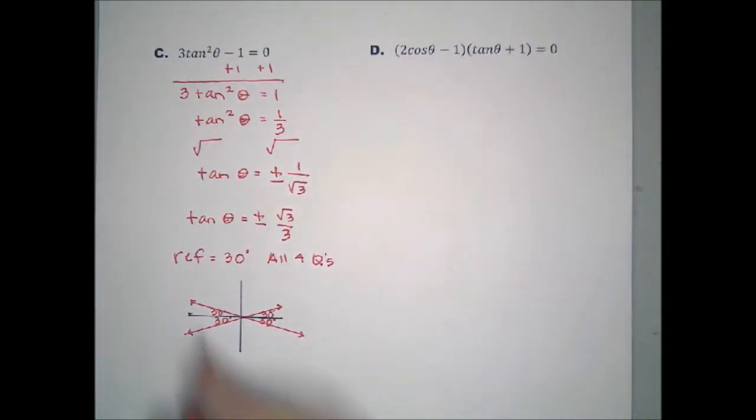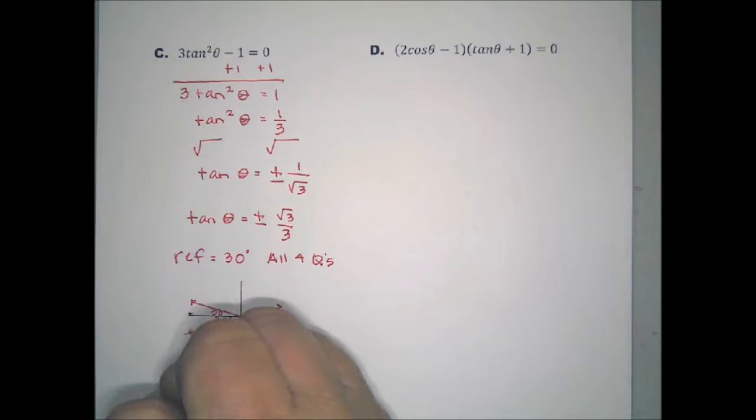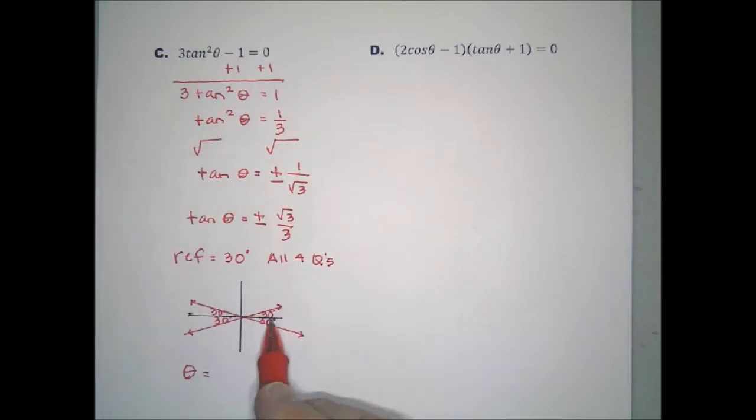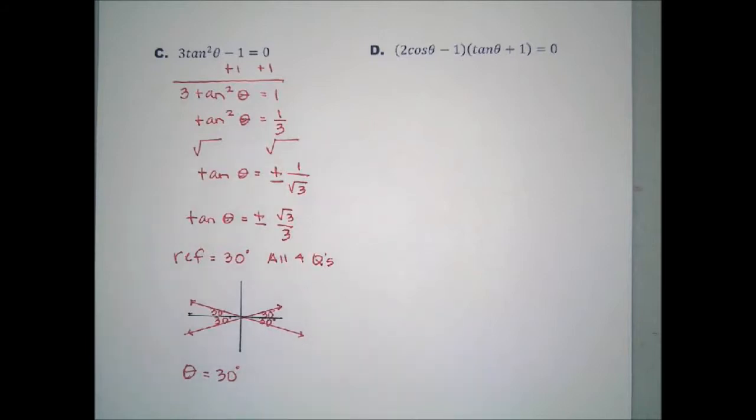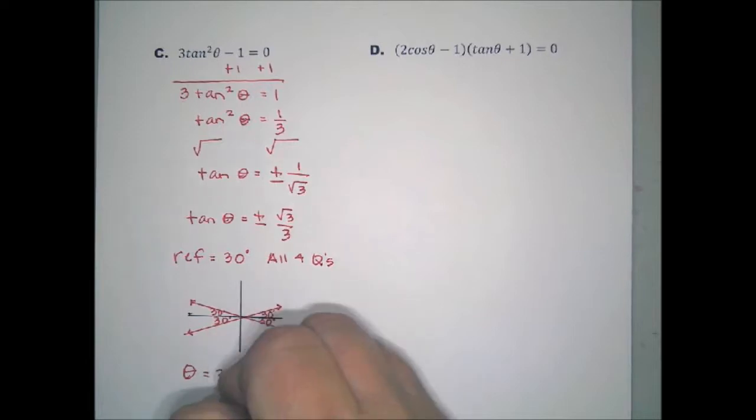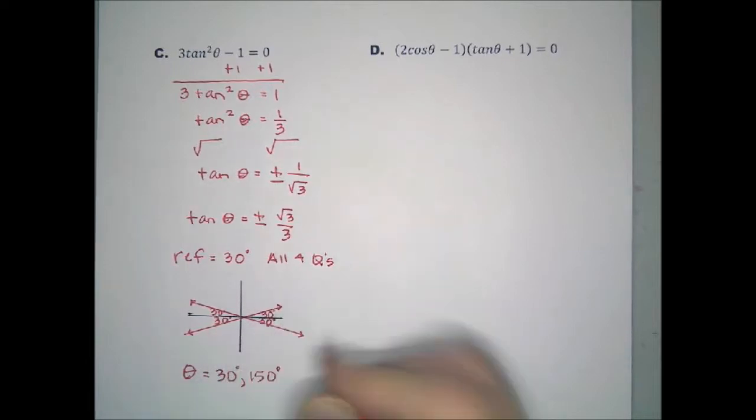So what are all of those angles for theta? Theta equals, the first one is 30 degrees. The next one would be all the way over to 180, but then subtract 30, and you'd get 150.